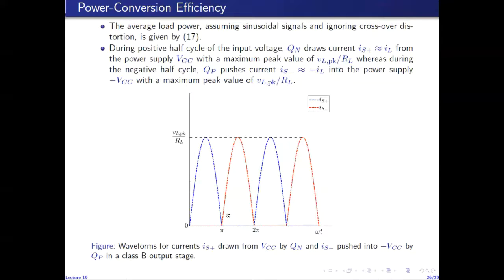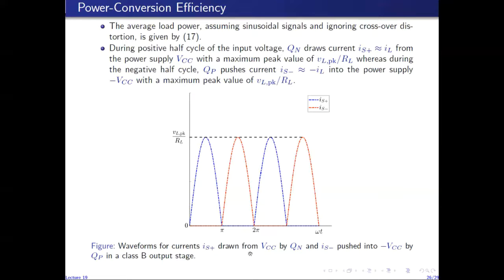Assuming linearity of the circuit, the output voltage and output current will be sinusoidal. So we get a sinusoidal half cycle of the current IS plus drawn by Qn with maximum peak value of VL peak divided by RL.